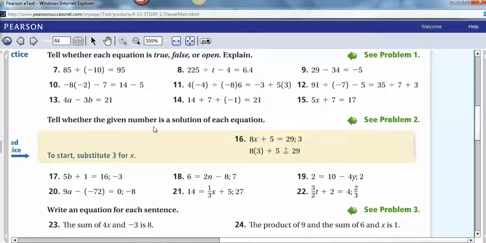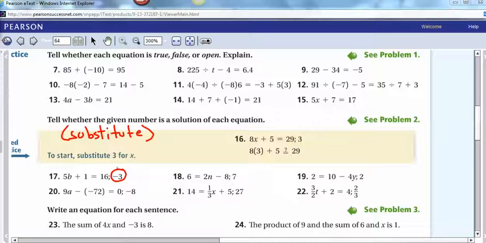Now, tell whether the given number is a solution to each equation. What does that mean to do? Tell whether the given number is a solution. That means to substitute, doesn't it? Substitute. All right, that means take the negative 3 right here.